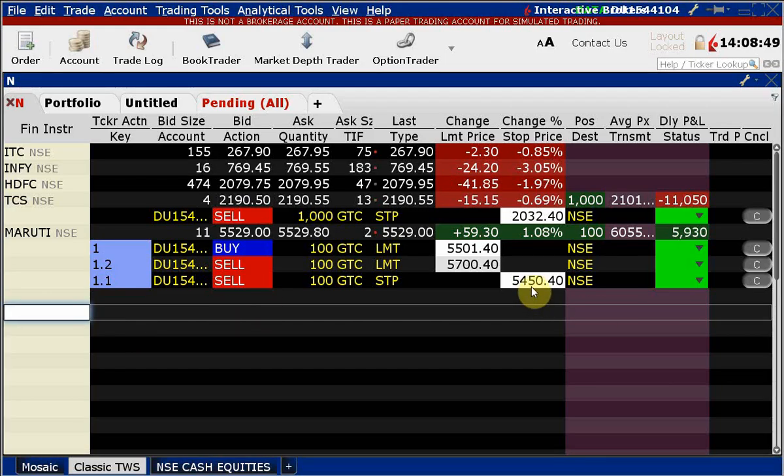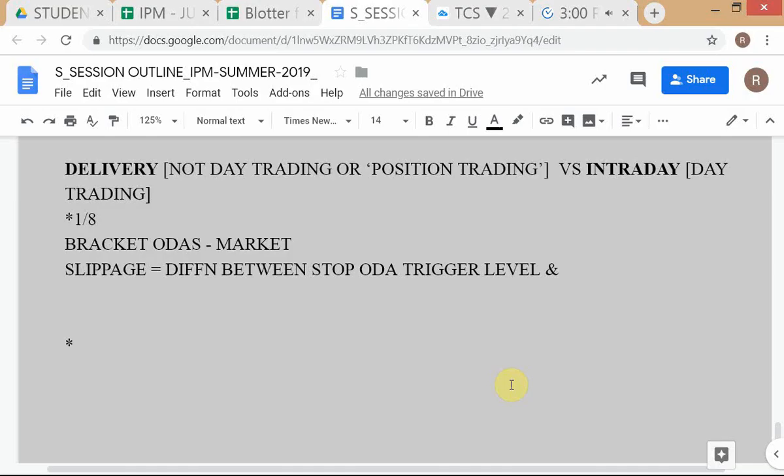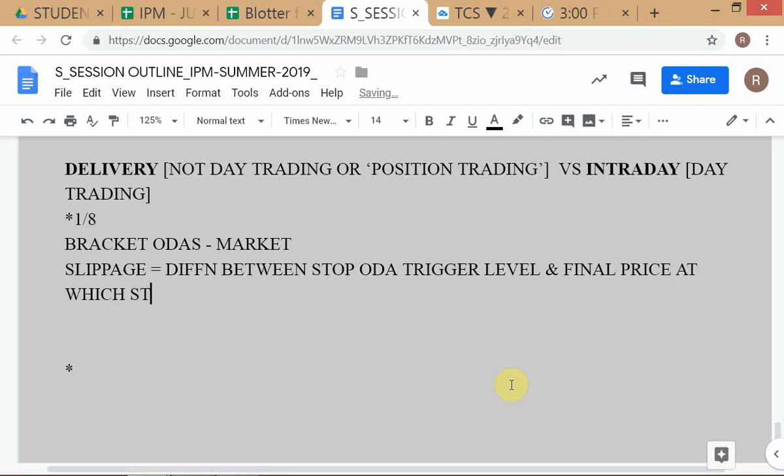This is the level which the system is watching, so that it's going to transmit the market order only when this trigger is activated, and the level at which the market trades and the final price at which it executes. Are you following? The concept is clear.